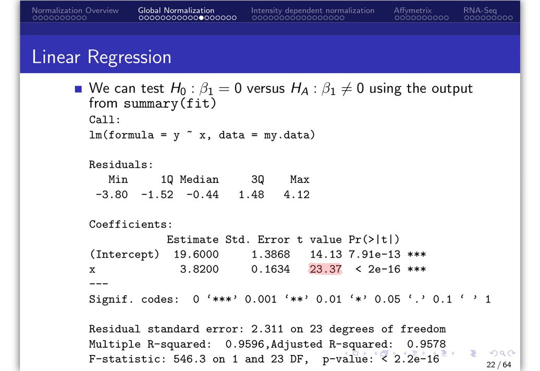This statistic follows a t-distribution with n minus 2 degrees of freedom, where n is the sample size, and 2 degrees of freedom are lost from estimating the two parameters, the intercept and slope. The p-value can be looked up using tables, though R provides the p-value in the output. Because the p-value is less than the standard 0.05 level, we reject the null hypothesis and conclude that beta 1 is not equal to 0.